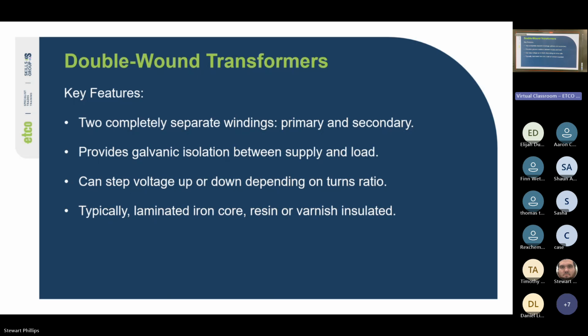They typically have a laminated iron core, which is resin or varnish insulated. Normally the wire is resin or varnish coated wire, which makes it electrically separate, but still allows that magnetic field to permeate between the two.